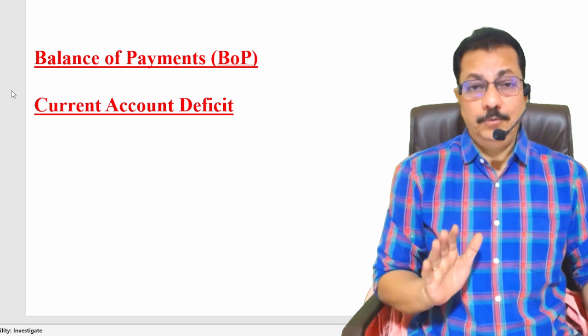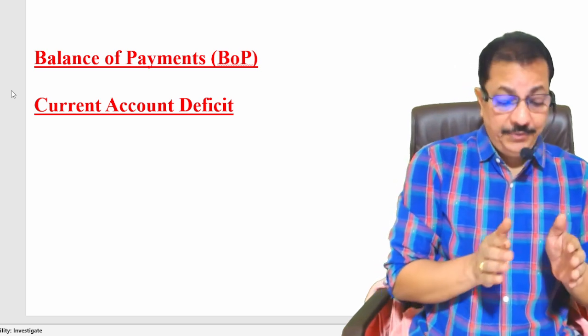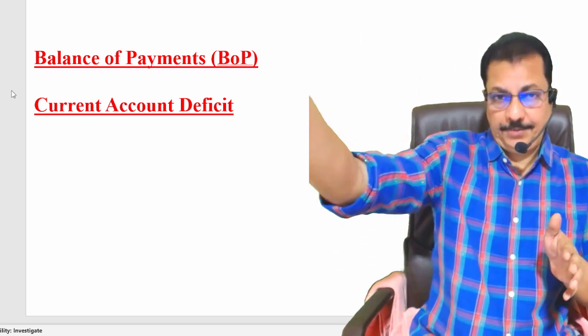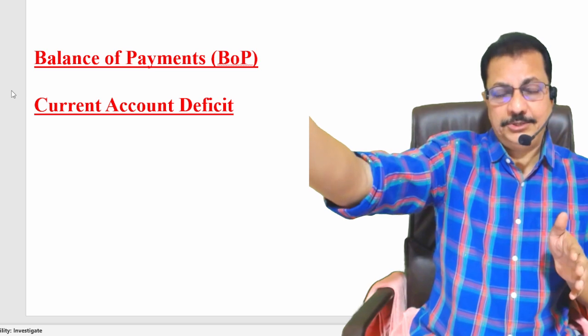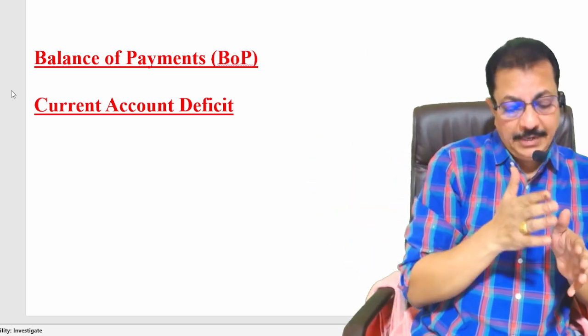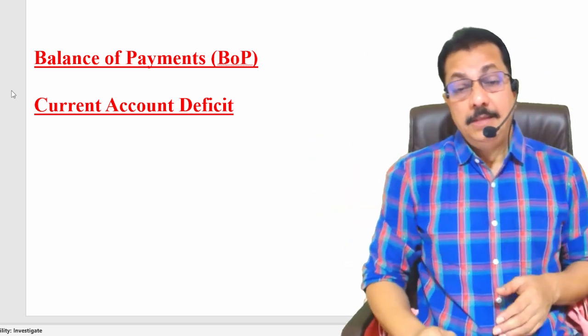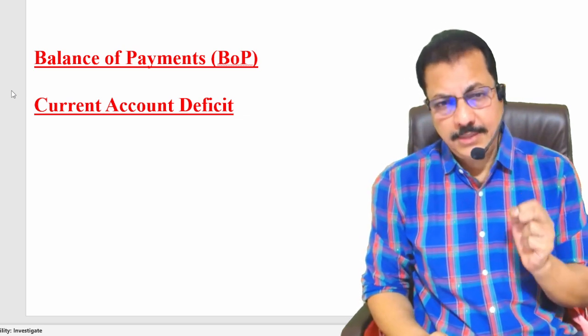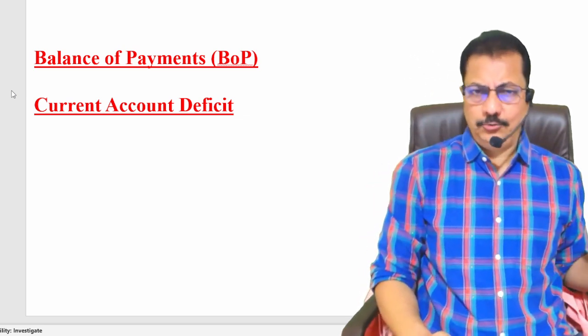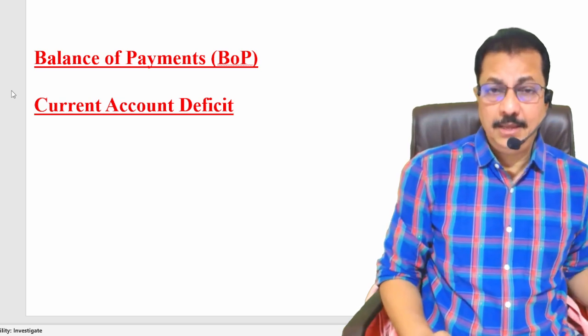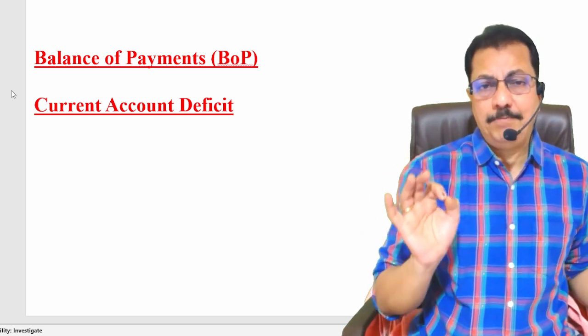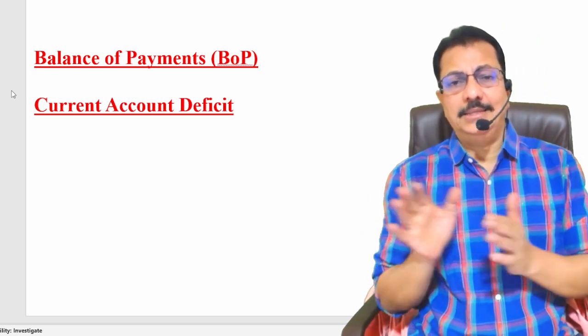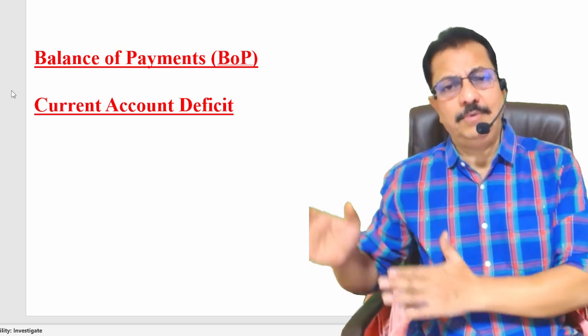But when it comes to the transactions between India and some other country, which we call balance of payment, those transactions should also be reflected in an account, and that account is called the current account. As I told you in the beginning, the current account is a part of the BOP, and the other part is the capital account, which we'll discuss in the next session.